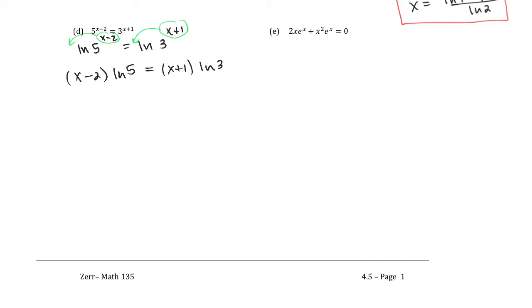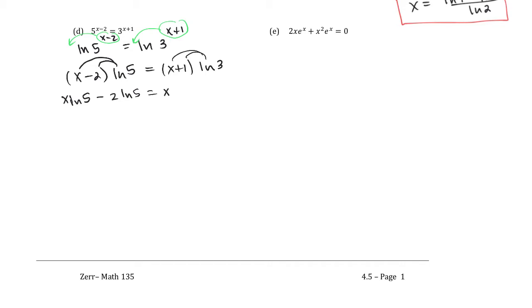Okay, now the natural log of 5, that is some decimal. So I'm going to go ahead and distribute that natural log of 5 times x, and then also times that 2, natural log of 5. And I'm going to do the same thing here, because then what I'm going to do is get everything with an x to one side and everything that's a constant on the other side.